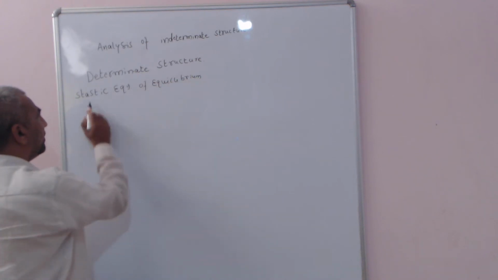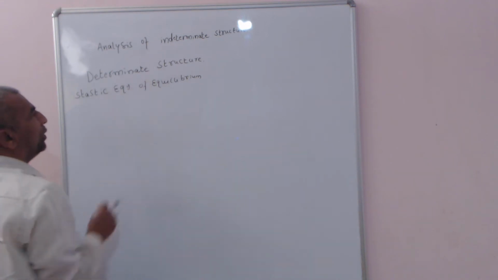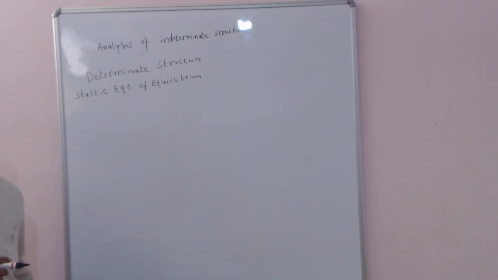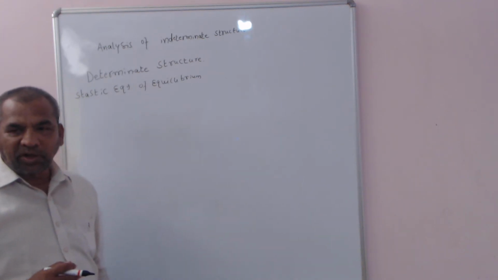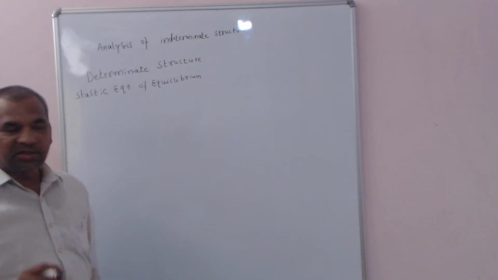If you can determine all the unknown reactions of that particular structure by using the static equations of equilibrium, that type of structure is known as statically determinate structure.